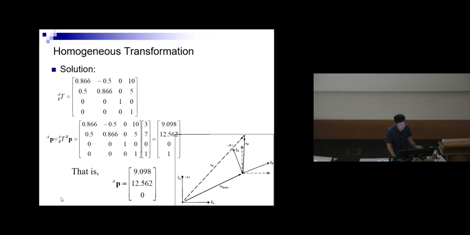So the point P with reference to A will have a value of 9.098 on the x-axis, if you project it down onto the x-axis. And if you project it onto the y-axis, along here, it will be 12.562. There's no change in the z value, so z is equal to 0.